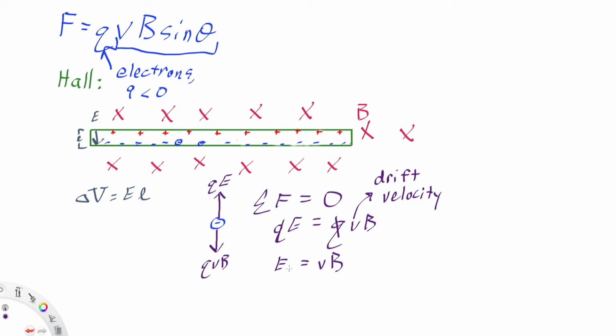Okay, so we have E equals VB, where V is the drift velocity, and the drift velocity is related to the current. We aren't going to necessarily derive that right now. Just know that it exists. It's a thing.